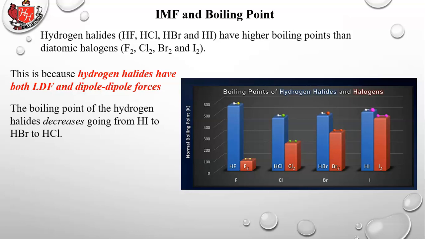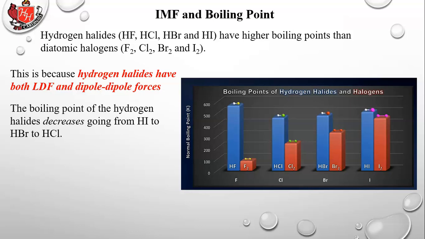So what is that telling you? It's telling you that the London dispersion forces of HI dominate over the stronger dipole-dipole forces of HCl. HCl has stronger dipole-dipole forces because it has a stronger polarity difference. HI has weaker dipole-dipole forces. However, HI has stronger London dispersion forces, and those tend to dominate.